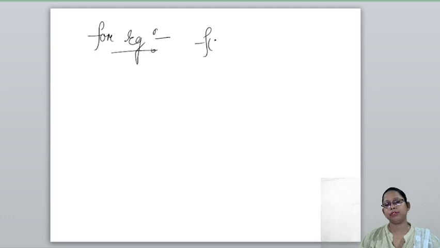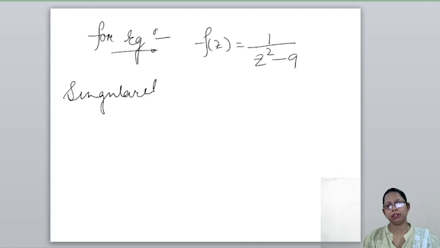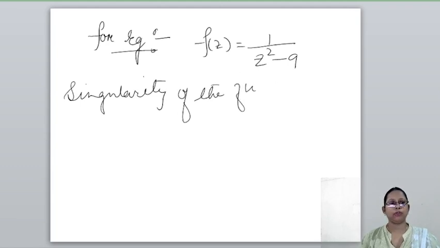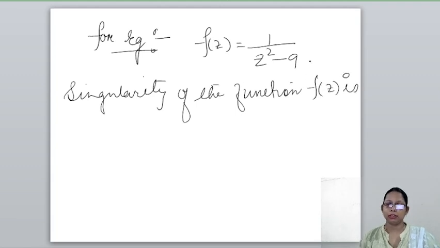For example, consider the function f(z) equal to 1 by z square minus 9. Then the singularity of the function f(z) is obtained by finding the point for which the function is not defined.